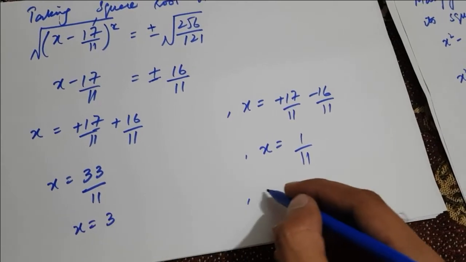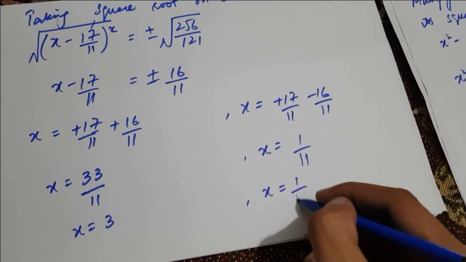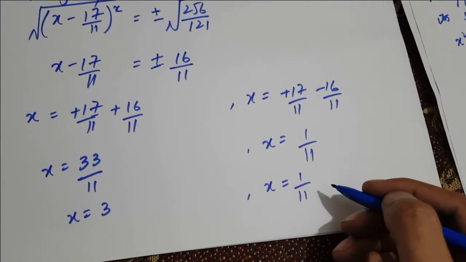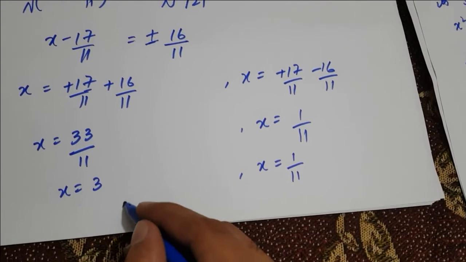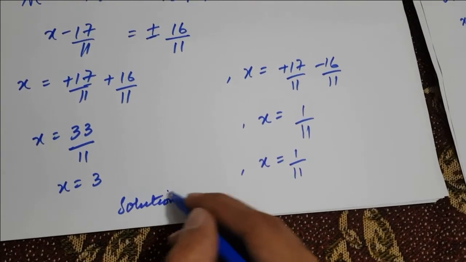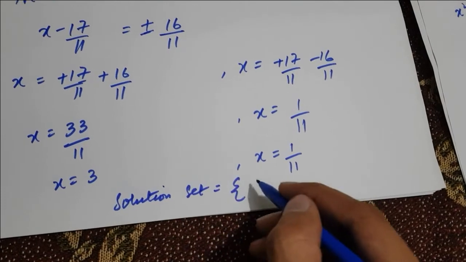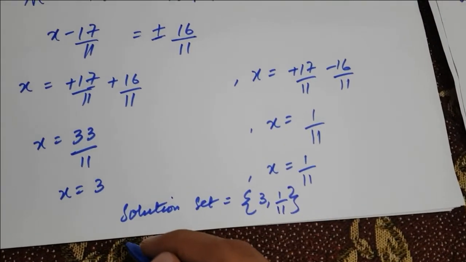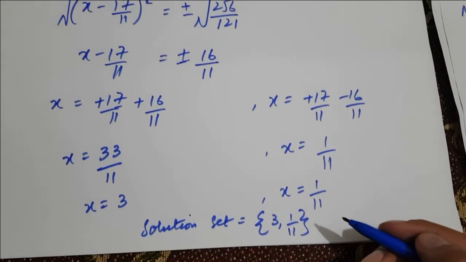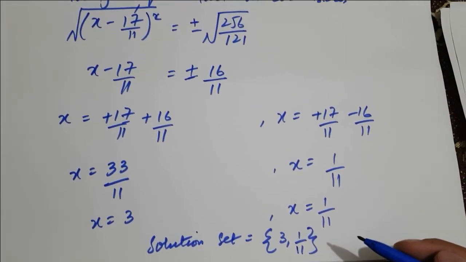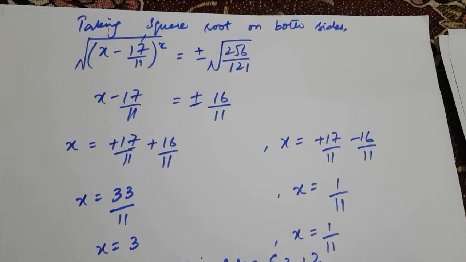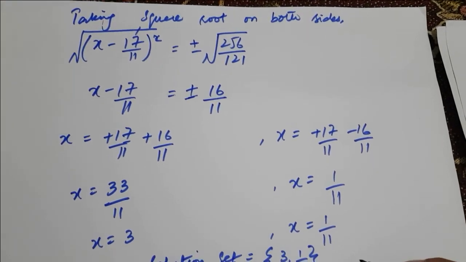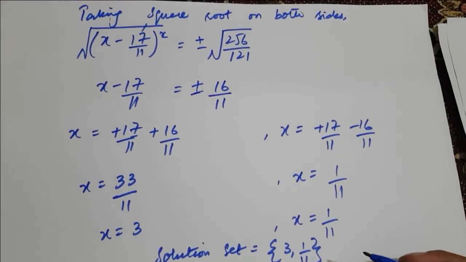So here we get two roots that are 3 and 1/11. After that we can write the solution set that comes out to be 3 and 1 by 11. So we have got two roots since it was a quadratic equation, and the highest degree was the highest power of the variable. So that's all.